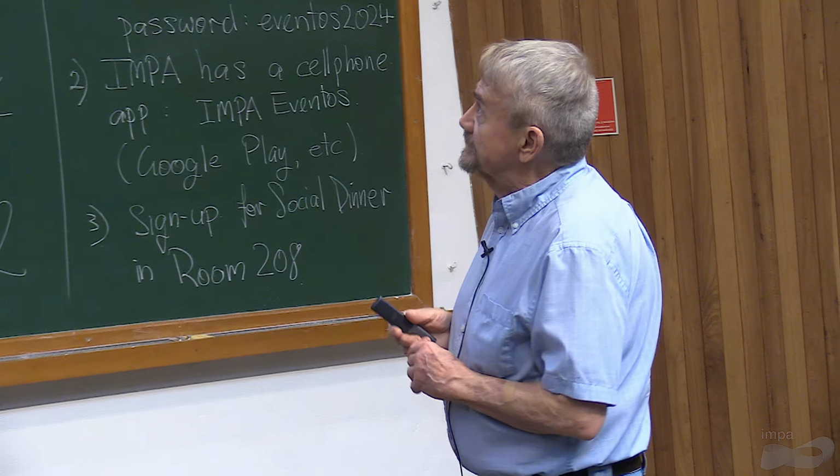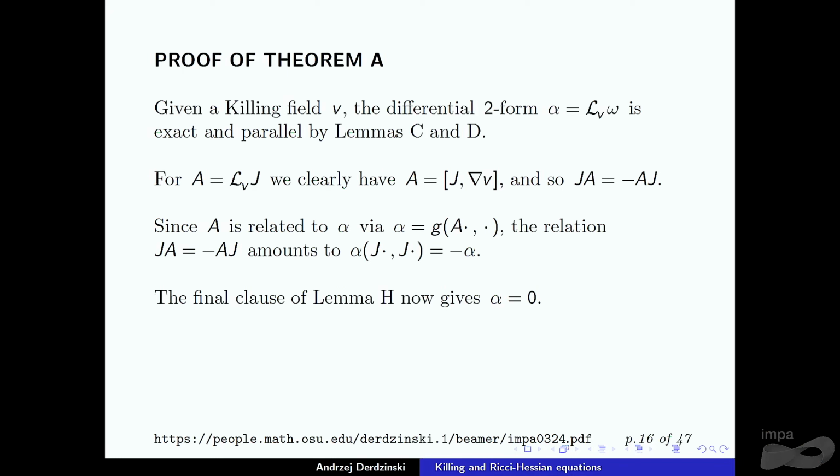I'm looking at this DD bar compact complex manifold with a pseudo-Kähler metric and a Killing field. And I'm looking then at alpha, which is the Lie derivative with respect to that Killing field of omega, the Kähler form. I want to show that alpha is 0. So what do I know already? We observed alpha is parallel and alpha is exact.